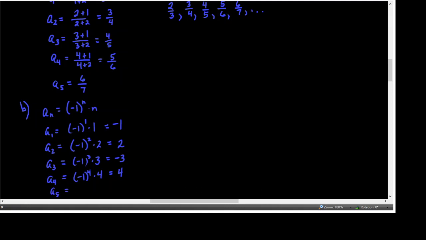Well, let's see. Do you see a pattern? Well, it looks like because the powers on negative 1 are going up, the sign of the answer is going to alternate between negative and positive numbers, because we know negative 1 raised to an odd number gives us negative 1, whereas negative 1 to an even power gives us a positive 1. So it looks like the next one would be negative, because the last one was positive. And the numerical part of this without the sign is just going up by 1 each time.